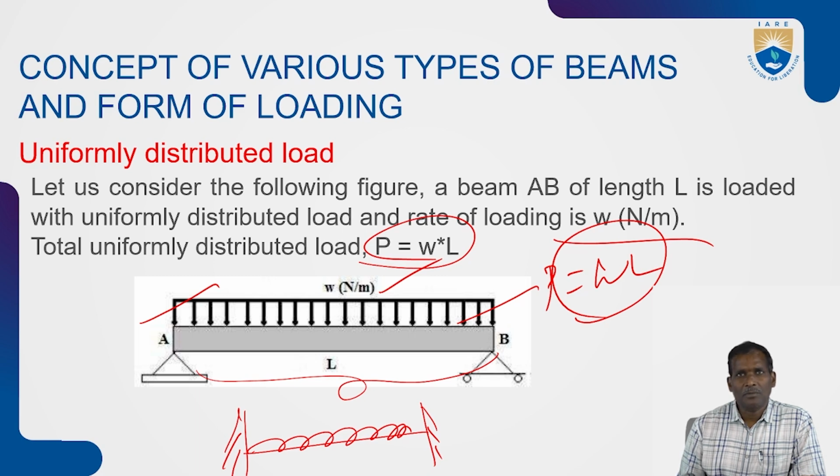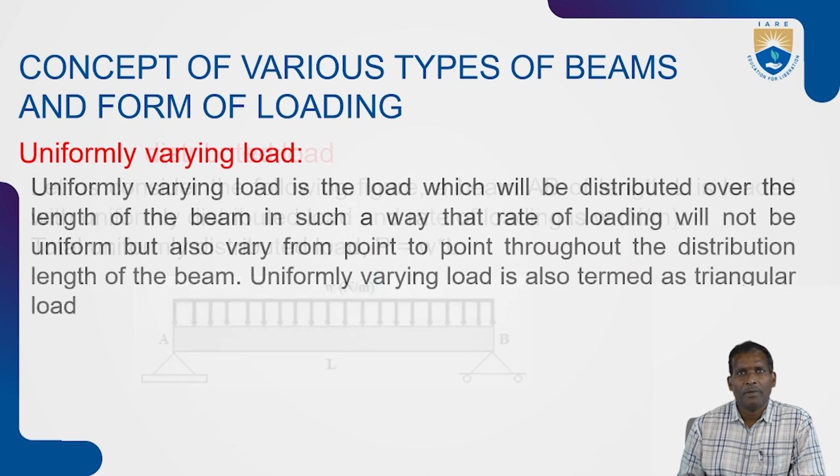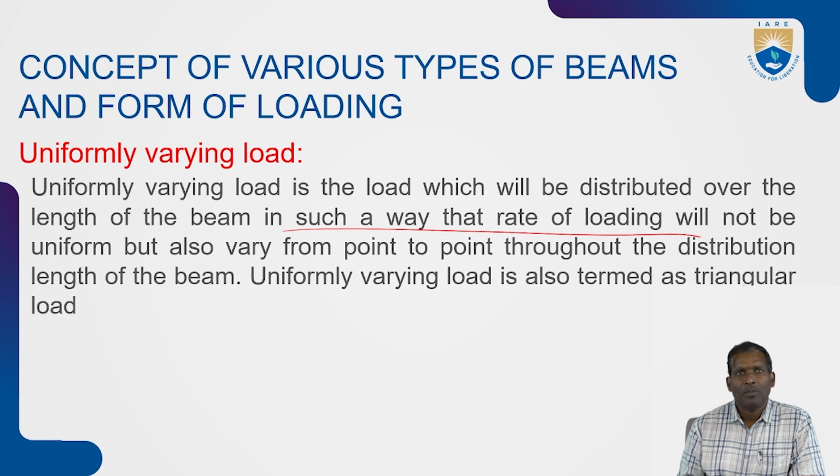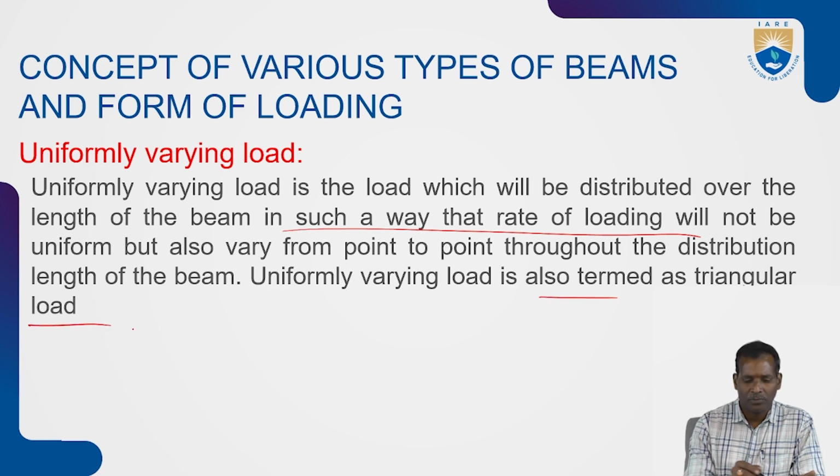But in the case of varying load, it is not distributed uniformly, but also varies from point to point throughout the distribution length of the beam. So the uniformly varying load is also termed as triangular load.